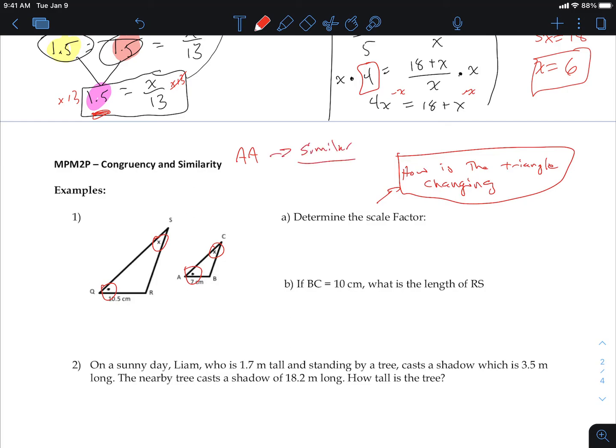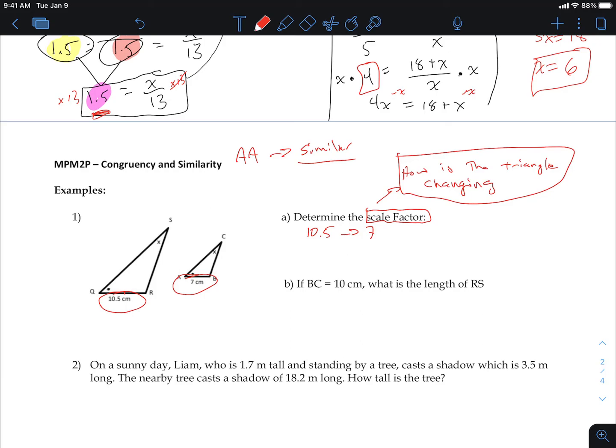Okay. So from here, I'm able to apply this process, okay? So you're like, okay, well, what information do I have? Well, I have the fact that this bottom piece is 10.5 and this one is 7. Okay? So it looks like I'm going from 10.5 to 7. Well, what number, or specifically what we call the scale factor, dictates how these two triangles are changing.